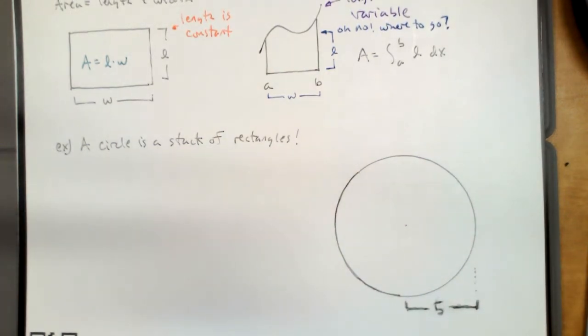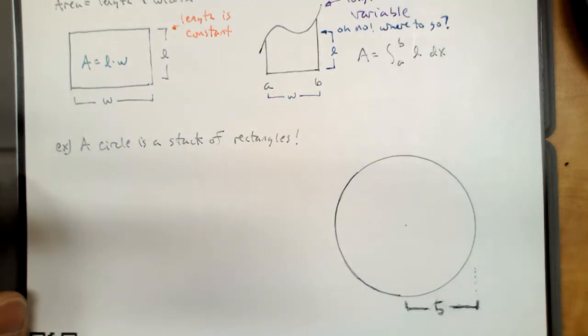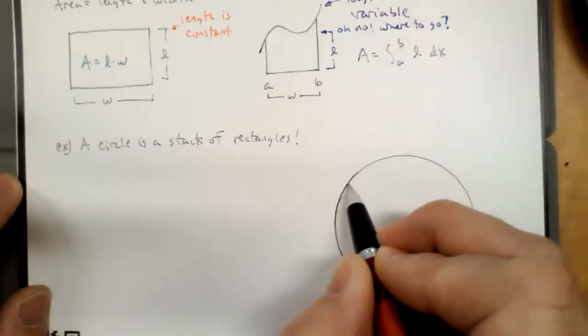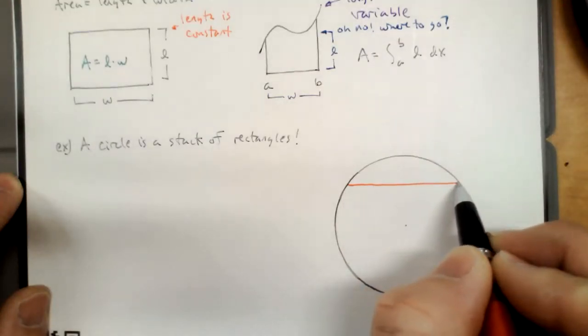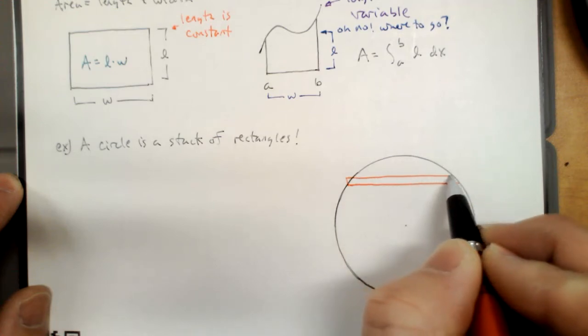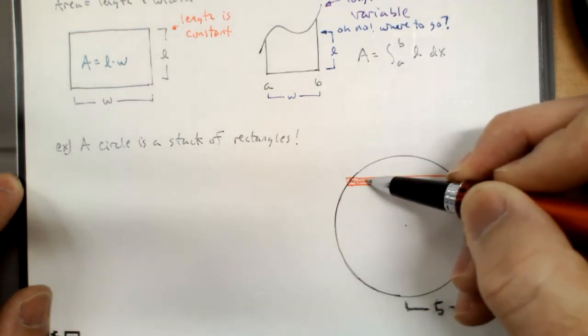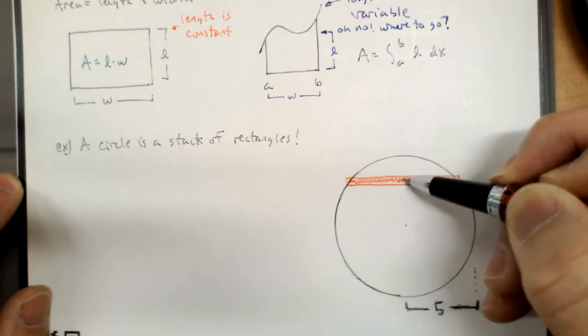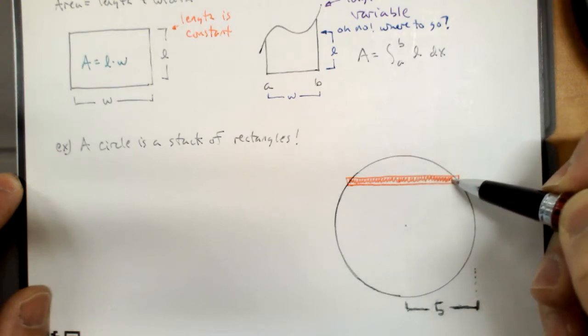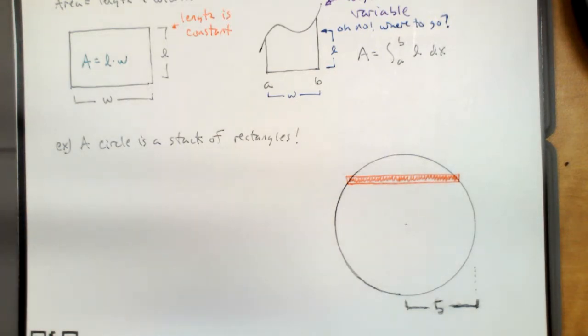I will also refer to this typical rectangle as a slice of the circle. So the circle is just a stack of rectangles.